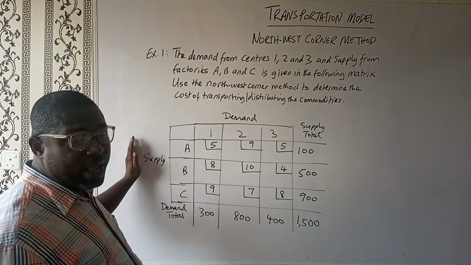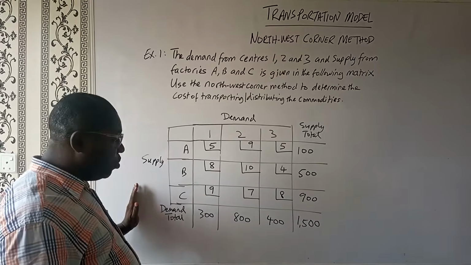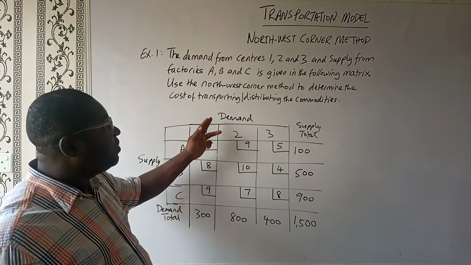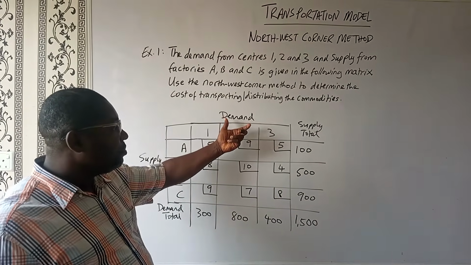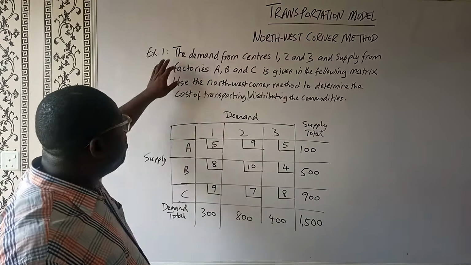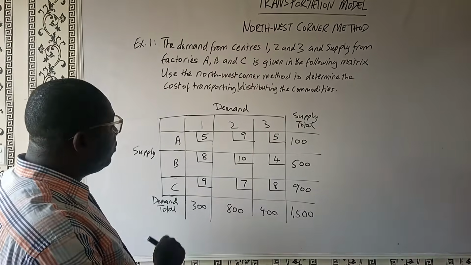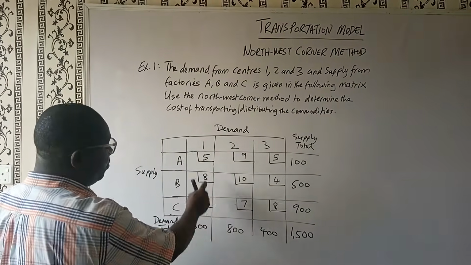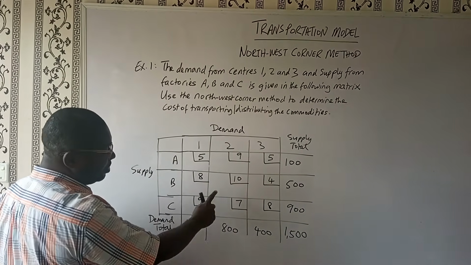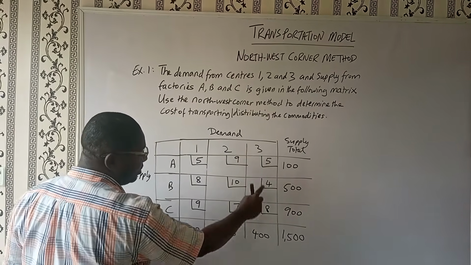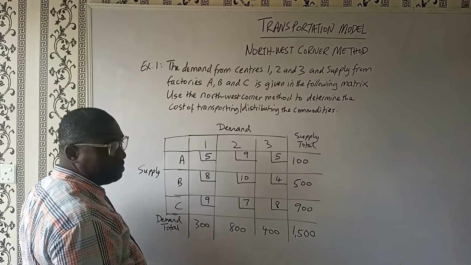We have the supply on the row, and the demand on the column. So the demand from centers 1, 2, and 3 is given, and the volume of demand is represented by 300, 800, and 400.